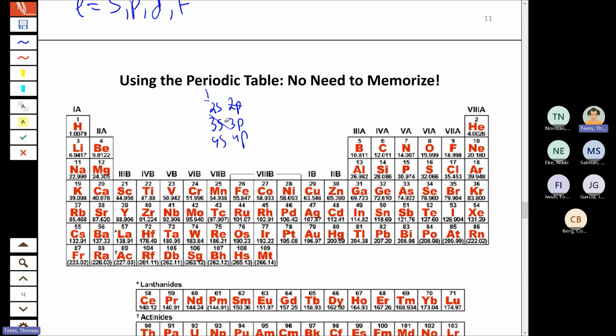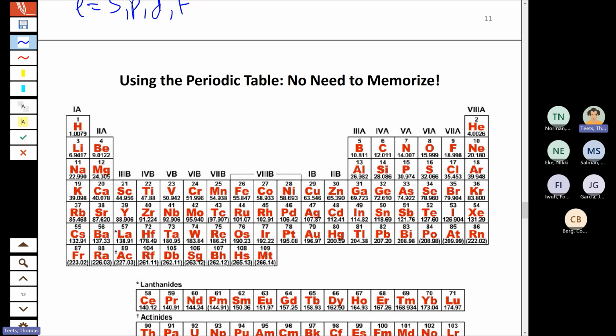I don't remember how to draw it, so I'm not going to, because I don't need it. I have the periodic table. I strongly encourage you, instead of memorizing a little diagram with diagonal lines and possibly messing it up when you're sweating bullets in your first exam, to just learn how to do it with the periodic table. You'll have it in front of you, and there's no need to memorize anything as long as you understand how this works.